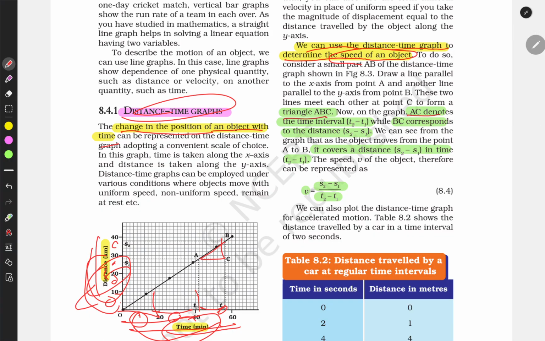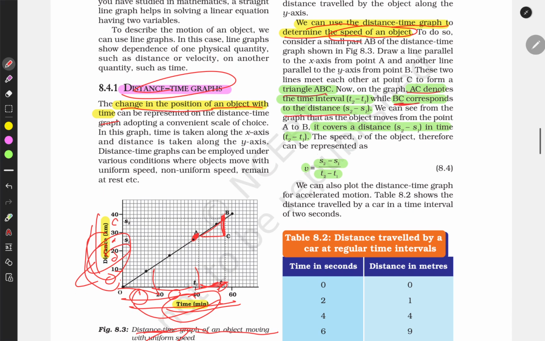AC denotes the time interval, and BC denotes the distance. Suppose this is point A, this is point B, and the object travels from 30 kilometers to 40 kilometers, and it takes some time. So this is a triangle, and we have to apply a formula.